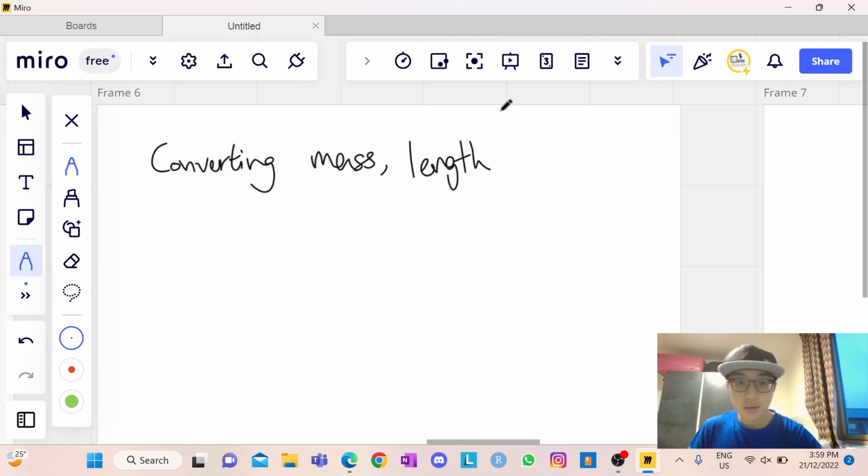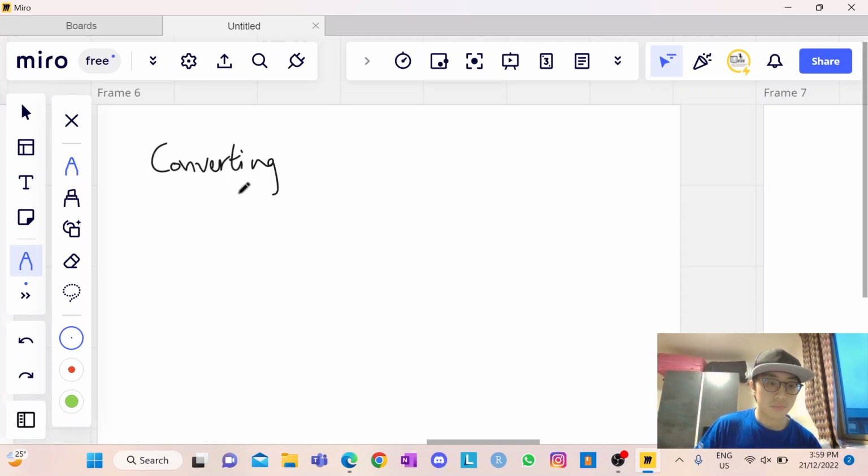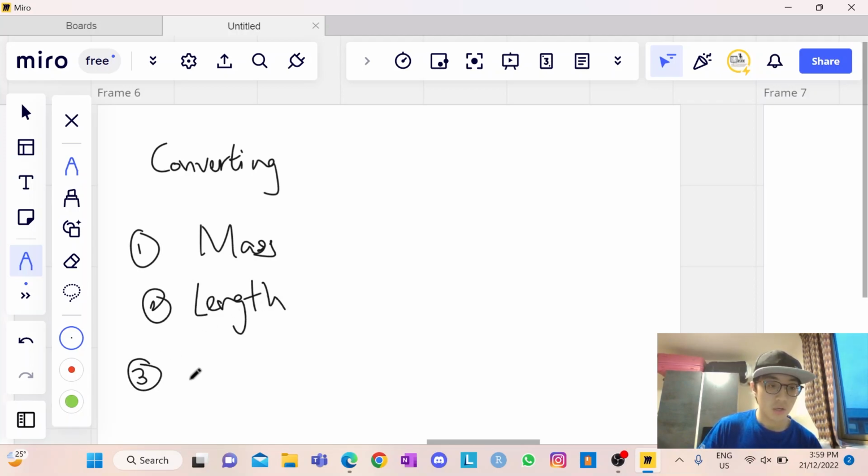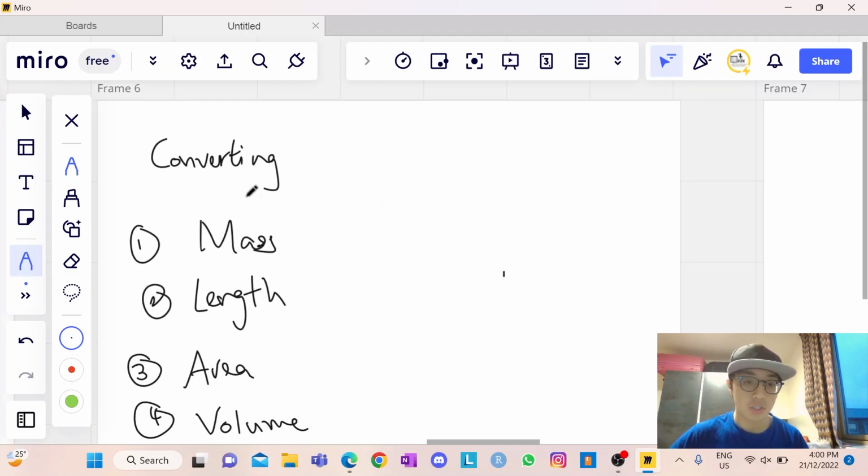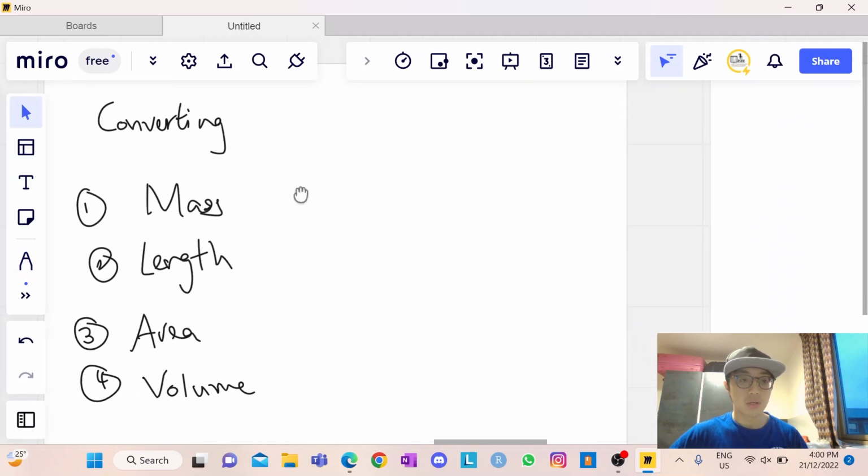After that, we'll also be learning how to convert area and volume. So in this video we are just going to look at these four types of converting. So let's say from cm to mm and so on.